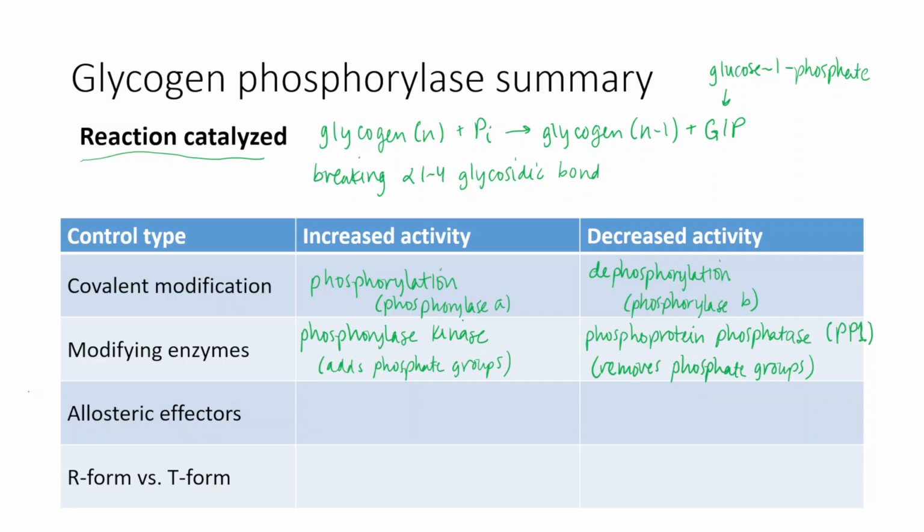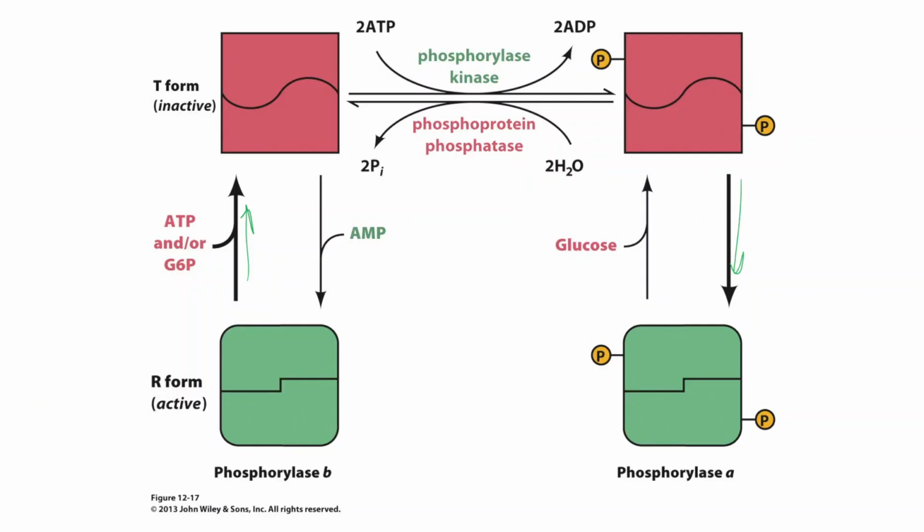So that brings us to our allosteric effectors. Which allosteric effectors help increase the activity of glycogen phosphorylase? So let's look at our slide.